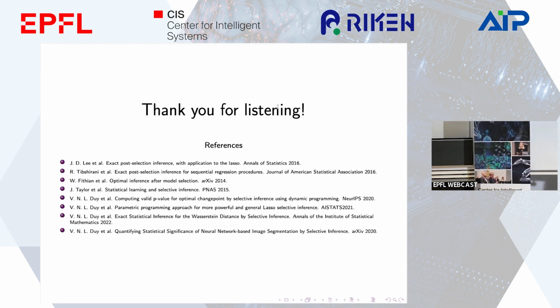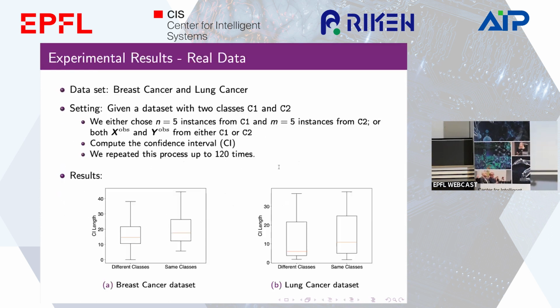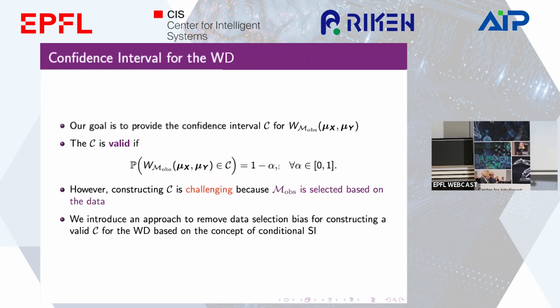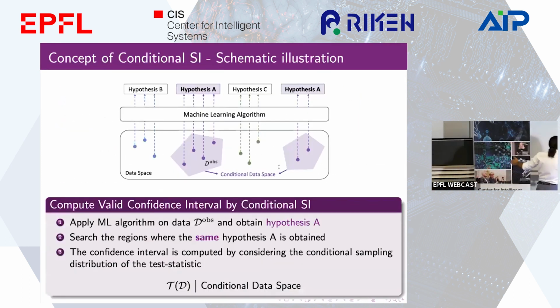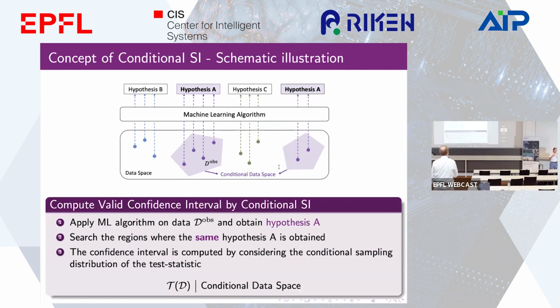Hello, thank you for your very interesting talk. I have a question which is a bit of a naive question. The methodology of conditional selective inference is quite elegant, but at the same time, this is all relying on conditioning on the set that you construct. Right.